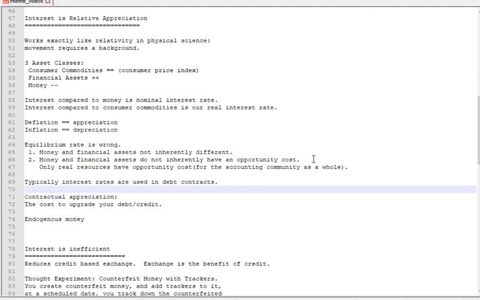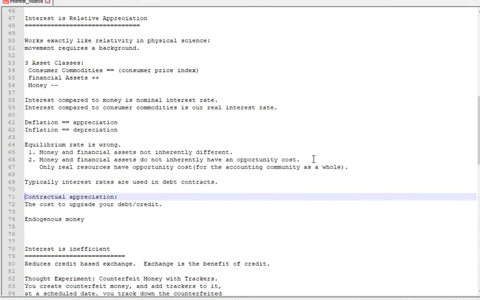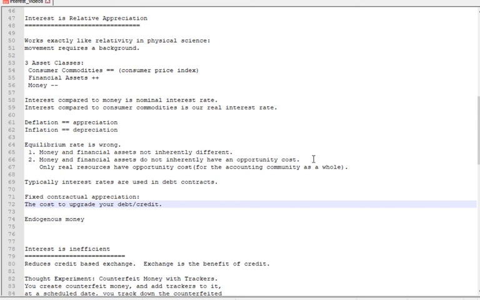There may be fees and interest rates applied to default and so on, but an interest rate, in this context, is going to be a fixed contractual appreciation. So when you take out a loan, you are swapping two assets for each other, and then when you pay it back, you are swapping those assets back.